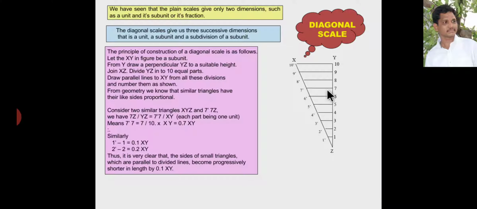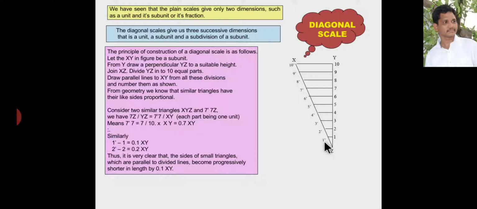The value of 7-7 equals 7 divided by the total height, that is 10, into the length of the subdivision, that is XY. So the length of 7-7 equals 0.7 XY.